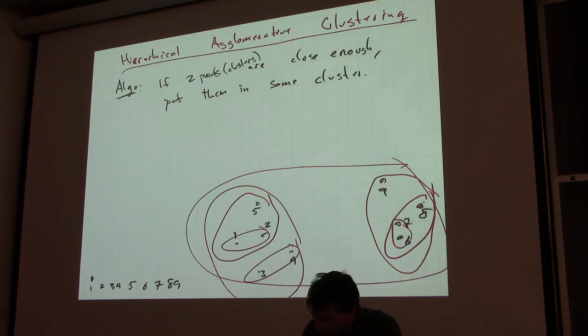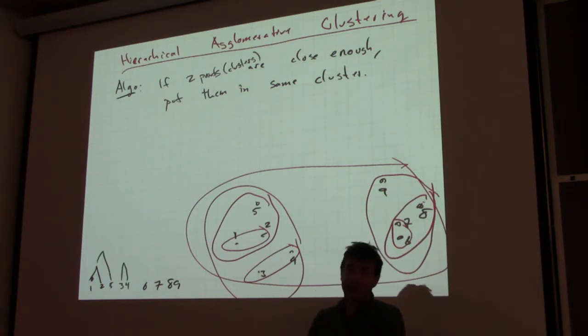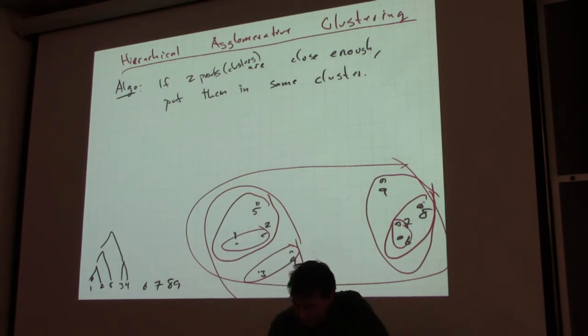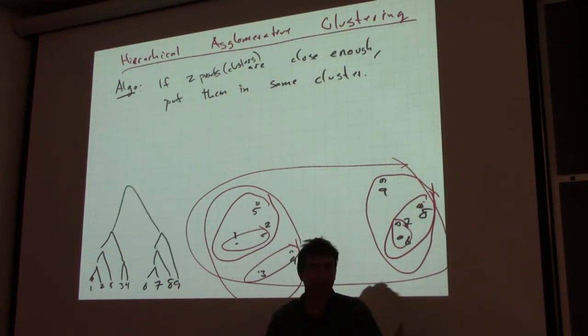Okay, so 1 and 2 are in the same cluster. 3 and 4 are in the same cluster. I should have put 1 and 2 next to 5, let me move these around a little bit: 5, 3, 4. 1, 2, and 5 are in the same cluster. Then 6 and 7 are in the same cluster, this merges with 8, 9 merges with these, and I make this hierarchy here.